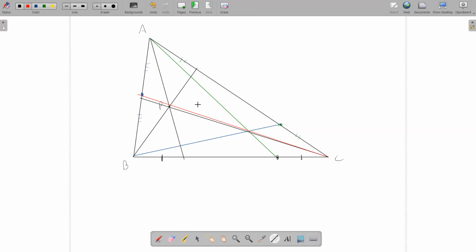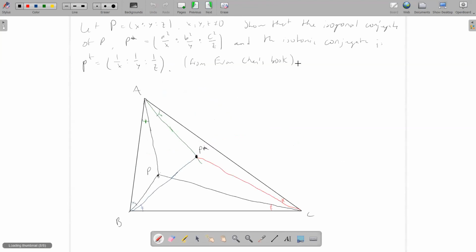But if P were farther away from the C median, then these would look farther away as well. And the intersection of these three, which also concur, is called the isotomic conjugate of P. And so with these definitions, you can prove this problem using barycentric coordinates techniques.